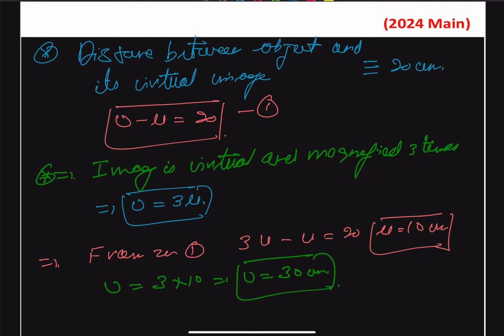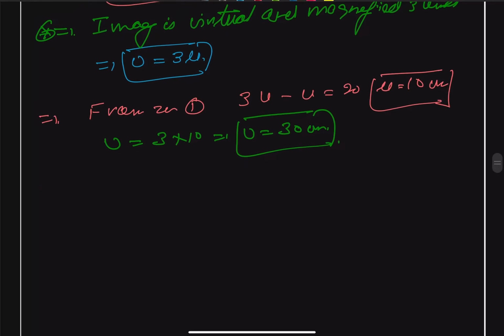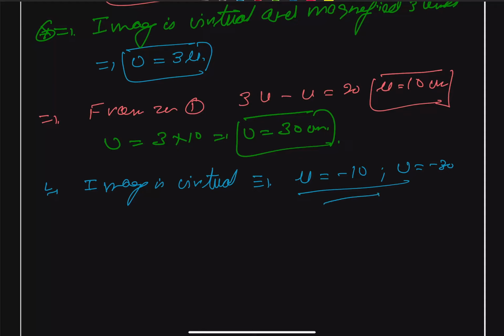And it is given that the image is virtual, therefore both U and V will be negative. So U will be equal to minus 10 and V will be equal to minus 30. Now we can use the lens formula and substitute the values.